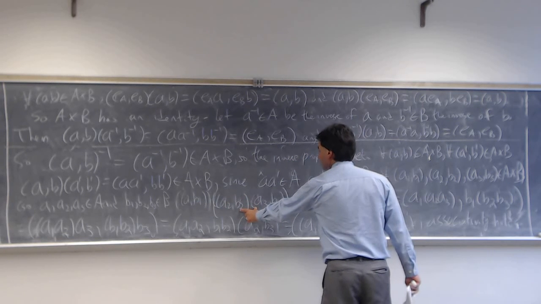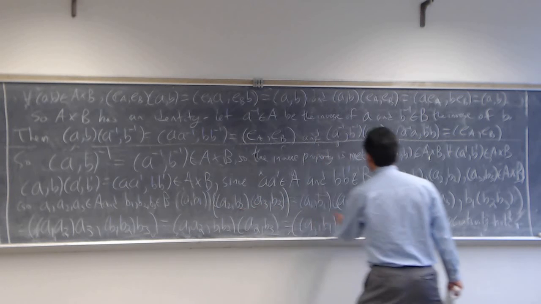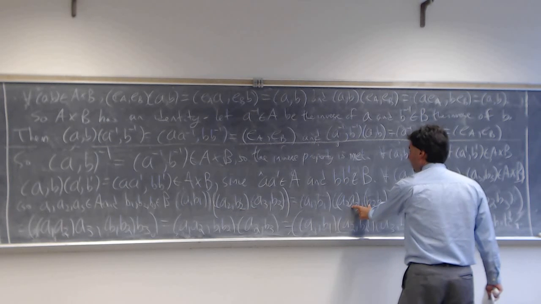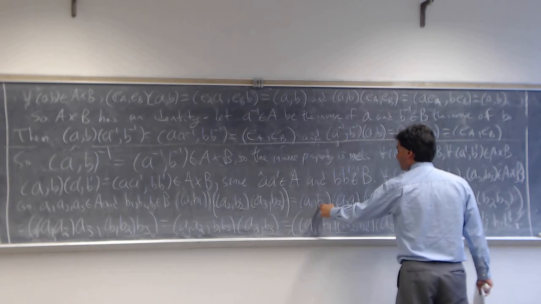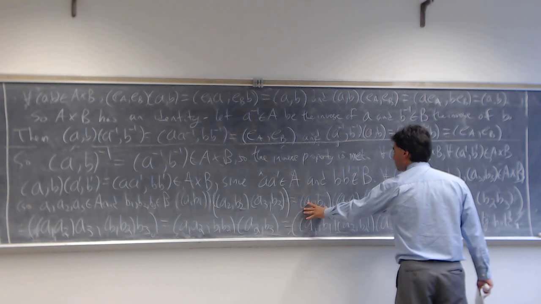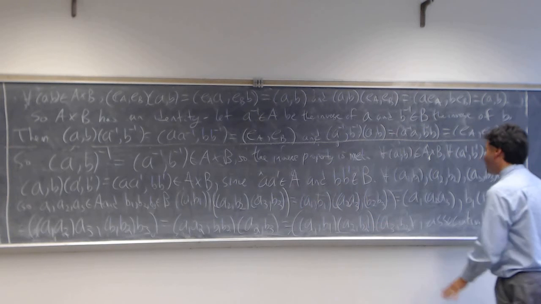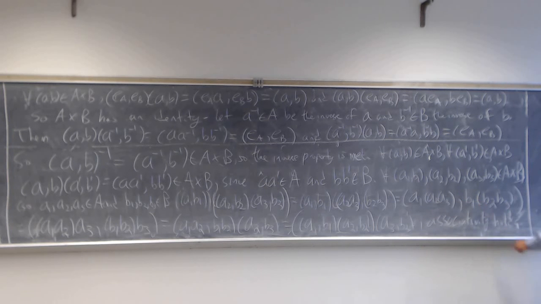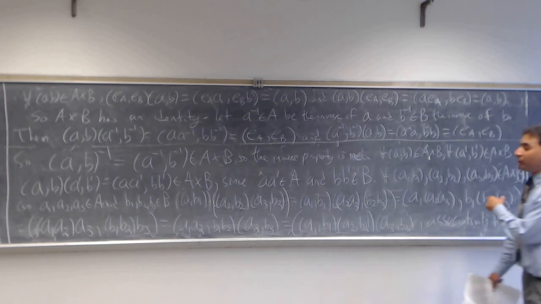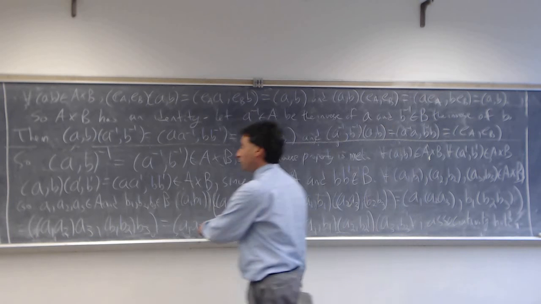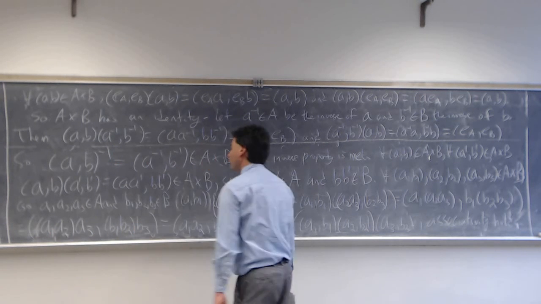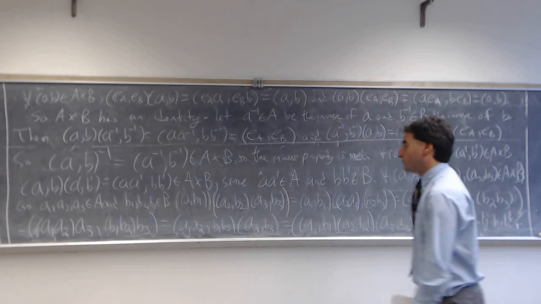But here the definition of multiplication in A cross B would give me this. But again, I have something in A, comma, something in B. This is an element of A cross B. This is an element of A cross B. So the definition of multiplication would give me that. Then I have the associativity law in each individual component. So I use the associativity law in A and the associativity law in B to slide that parentheses over.